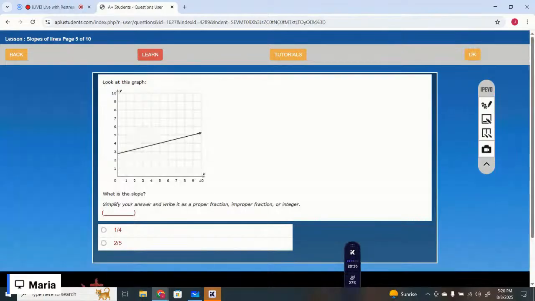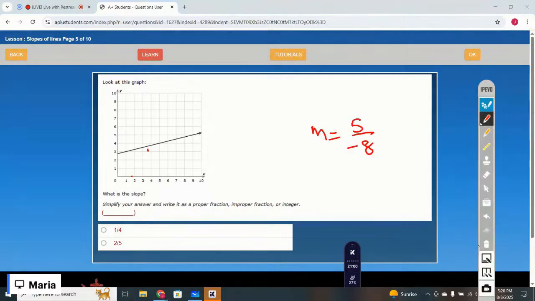Look at this graph. So the slope is... 1 and 3, 5 and 4.